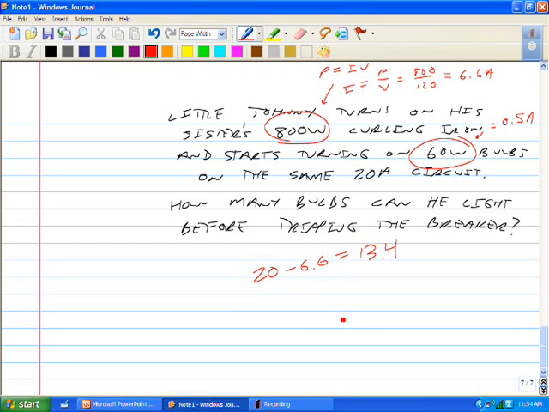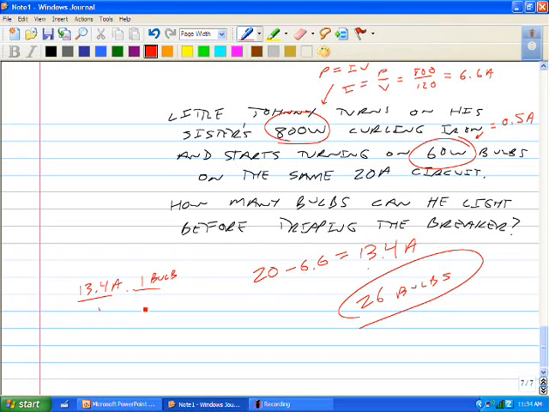Well, the 27th trips it, right? So he can turn 26 bulbs on before tripping it. I could do it this way: 13.4 amps, and one bulb is 0.5 amps, so I get 26.8 bulbs, but I can't turn on an eighth of a bulb, and so 26 is safe.